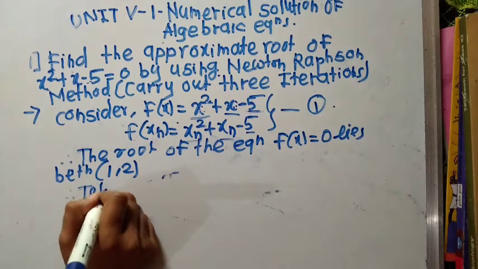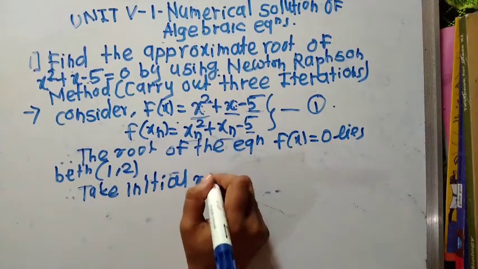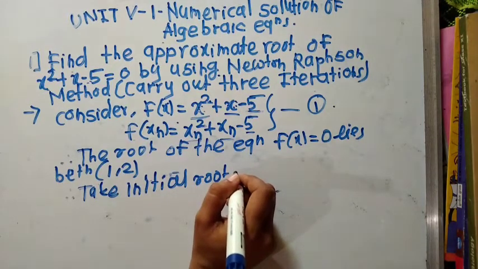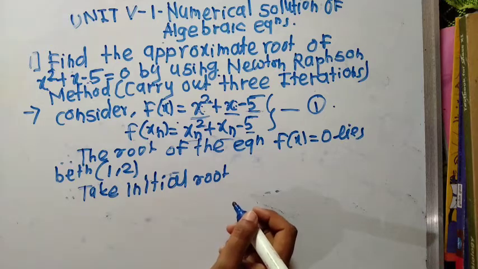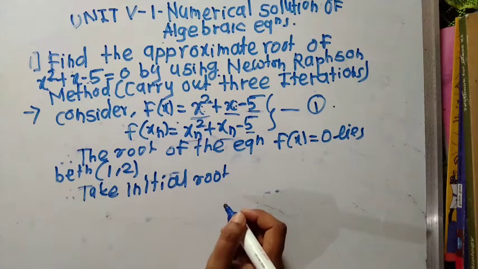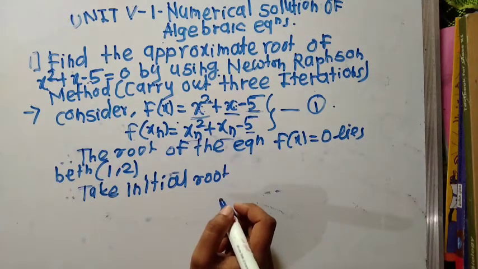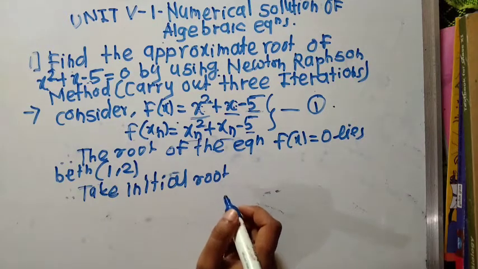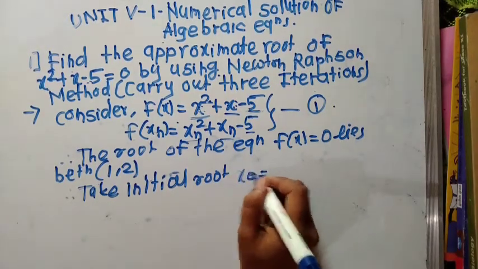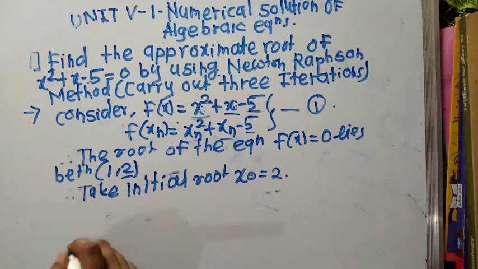Hence take initial root x0 is equal to 2. Initial root is 2.